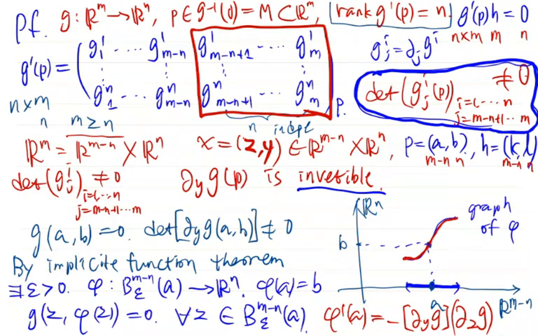The first is that the graph of the map passes through the point (A, B), that is phi(A) is B, and the second is that for points Z near A, the graph makes G to be 0, so that is G(Z, phi(Z)) is 0. This is precisely the conclusion of the implicit function theorem. And we also know how to compute the derivative of phi, which we have done in the last lecture.